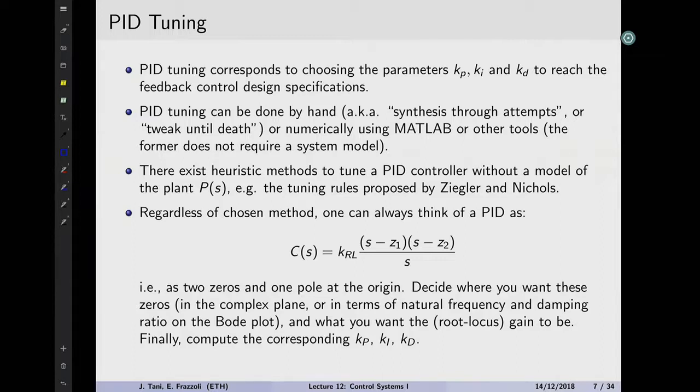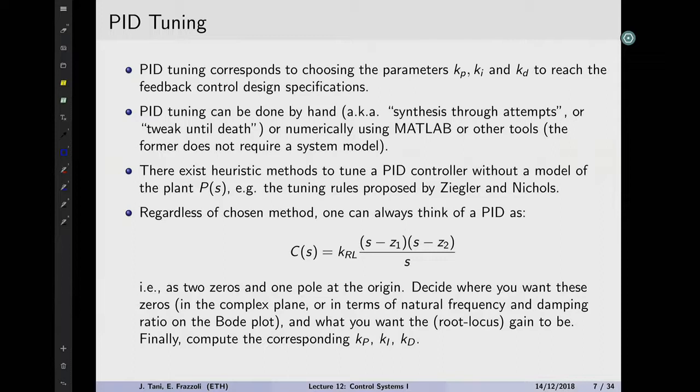And there are, of course, more advanced methods to do this. We will not get into any advanced method for doing PID tuning. I will just mention, for historical purposes, the Ziegler-Nichols approach, which is based on heuristics, so a lot of experience, basically.